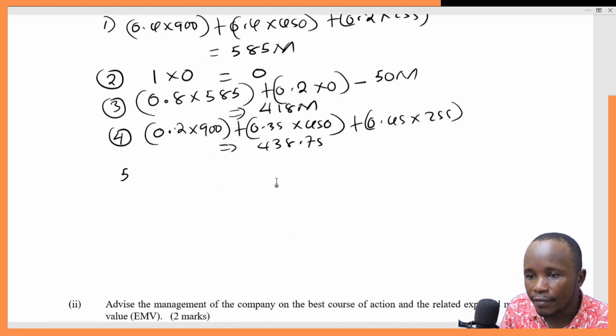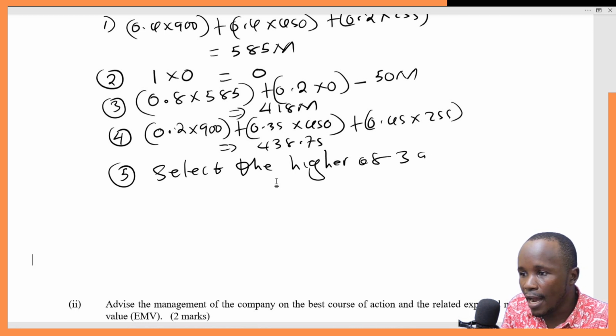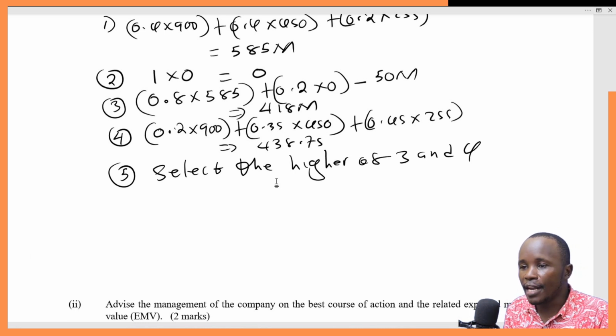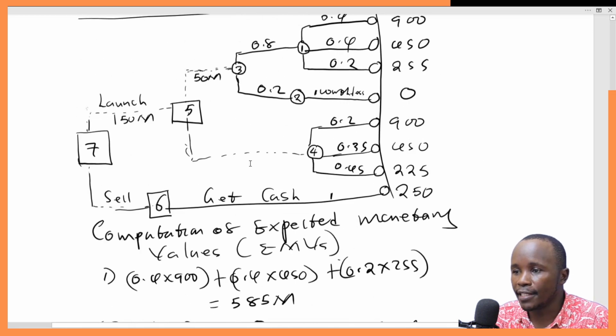Number 5, we are saying that select the higher of 3 and 4. Dotted lines, I said broken lines are options. So you choose the one that has the highest expected monetary value.